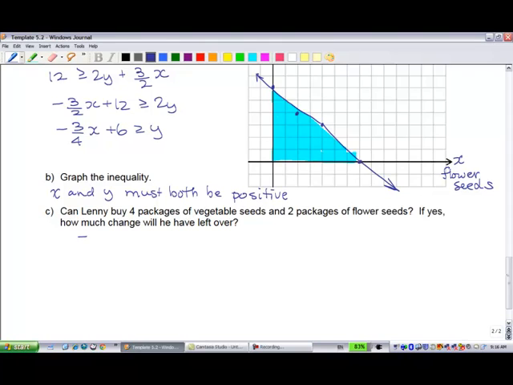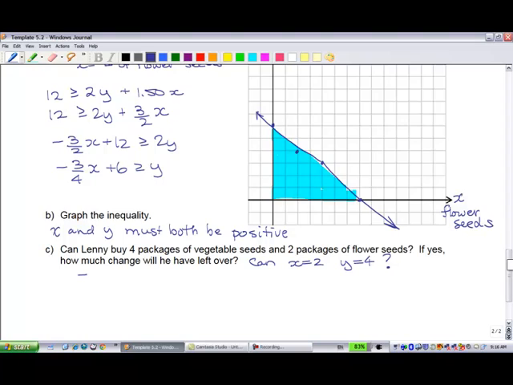We want, vegetable seeds are y and flower seeds are x. So let's check this out. Let's go back to our original equation. Don't want to mess this up by doing some intermediary steps.